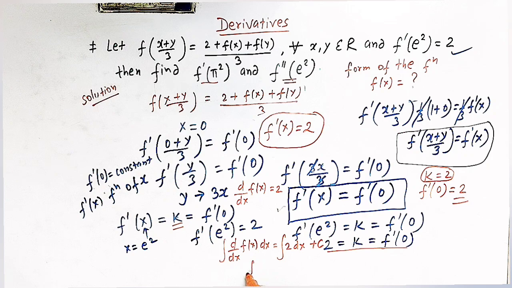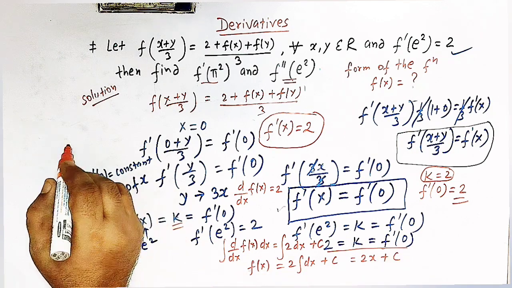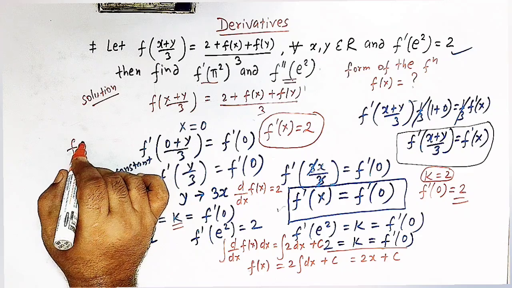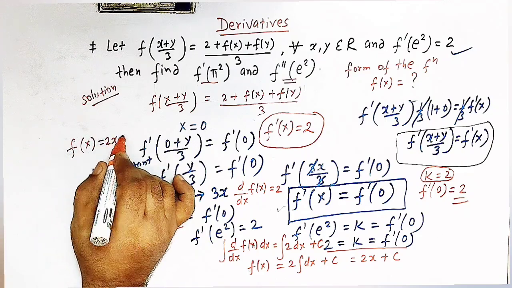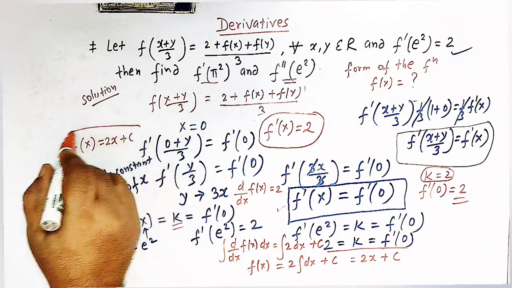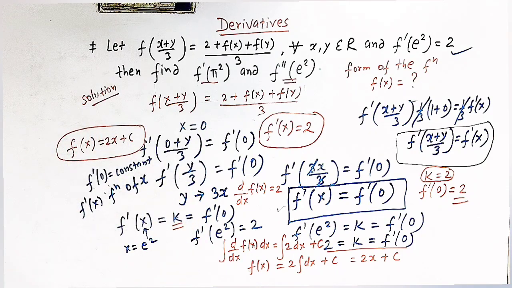So here we have simply f of x, and here we have 2 integral dx plus c. So this is 2x plus c. So we have obtained the function f of x, which is equal to 2x plus c, and we can see that this is a linear function.